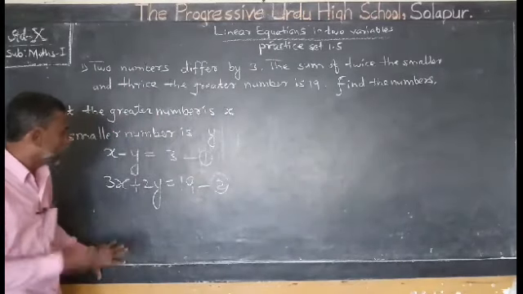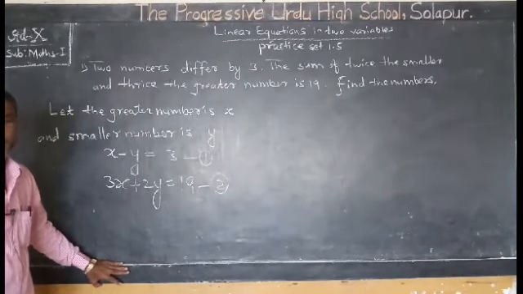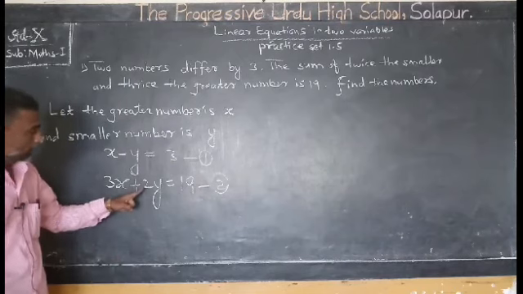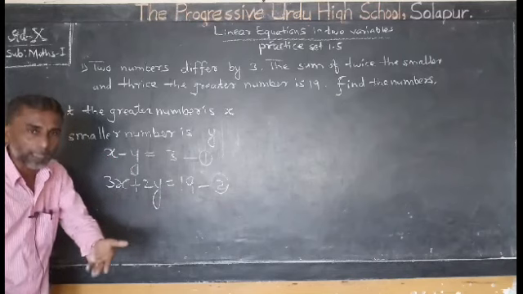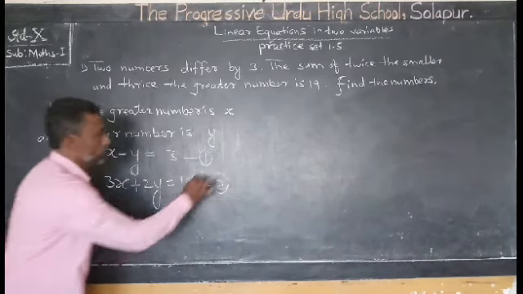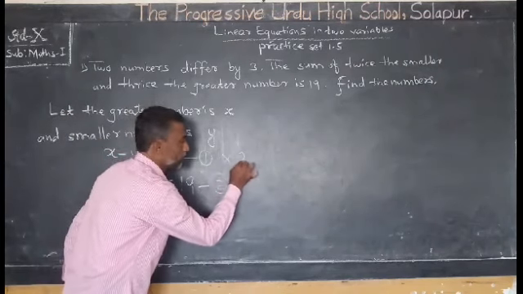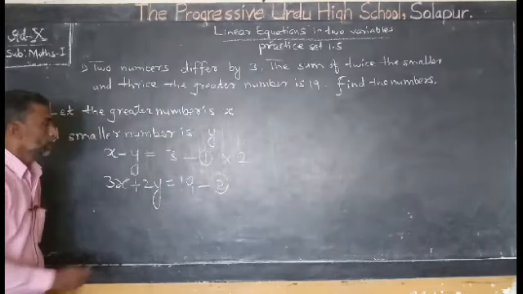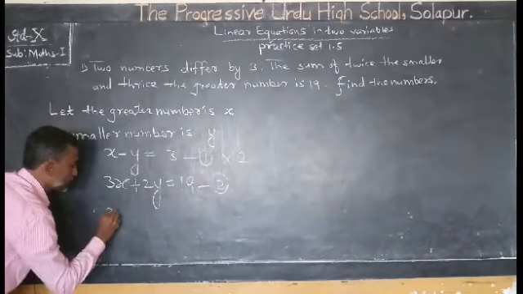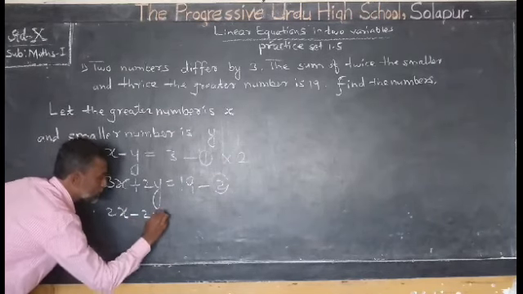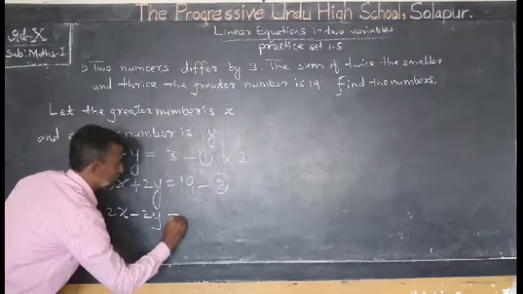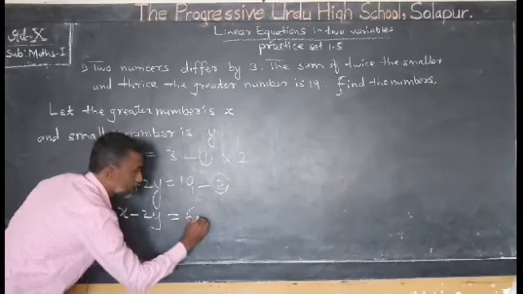Now, if you observe the coefficients of y, here plus 2 is there, here minus 1 is there. If you multiply equation 1 by 2: 2 into x, 2x; 2 into minus y, minus 2y; is equal to 2 threes are 6.